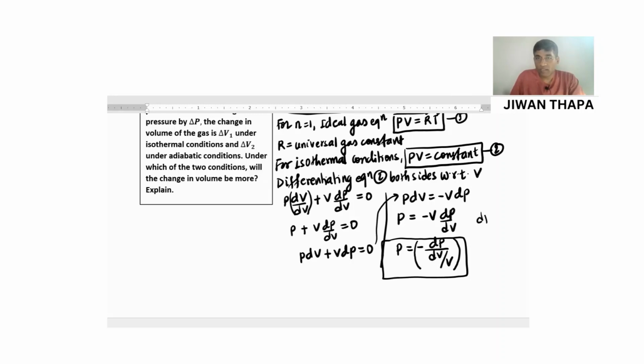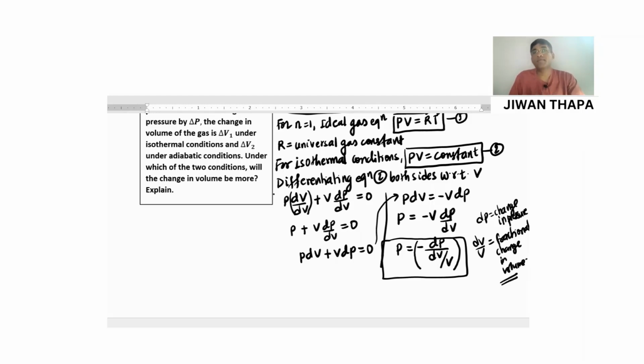So dP is the change in pressure, and dV by V is the fractional change in volume.